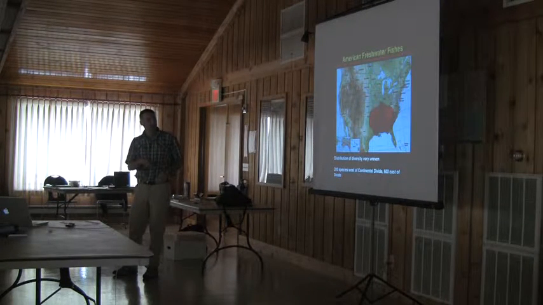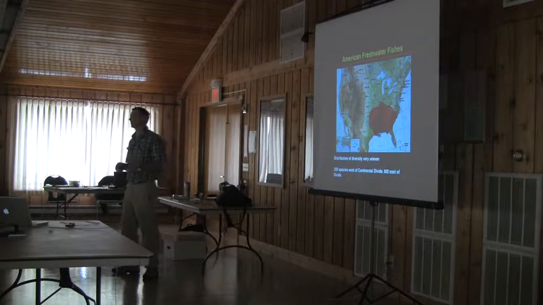The distribution also in terms of west versus east in the continental divide is not anywhere close to being equal. Of those 800 species, only 200 of them occur on the west side of the continental divide.